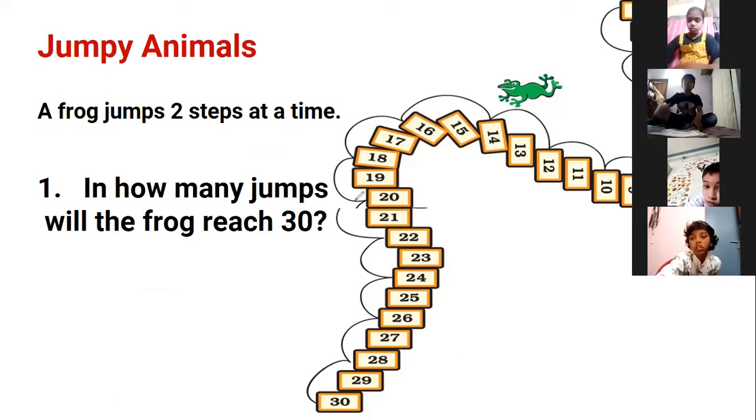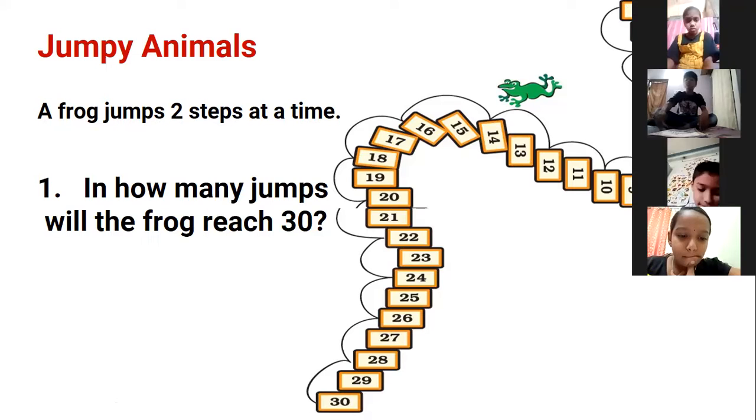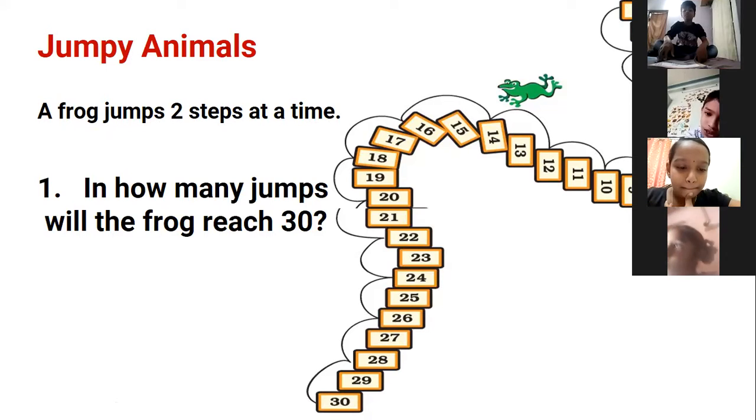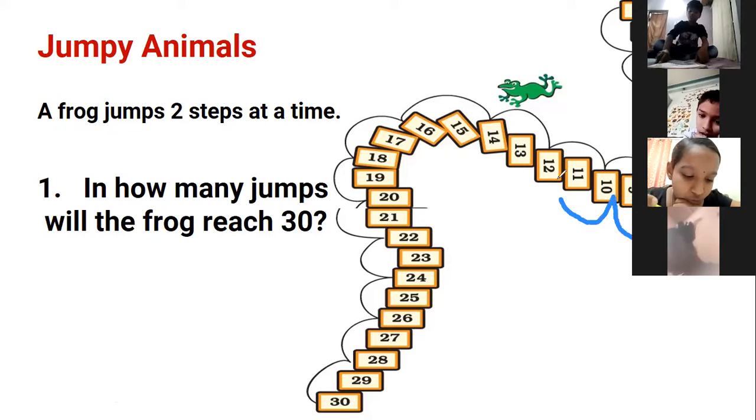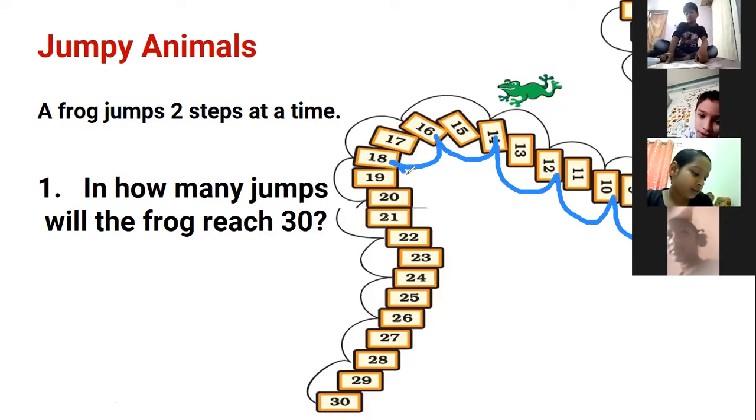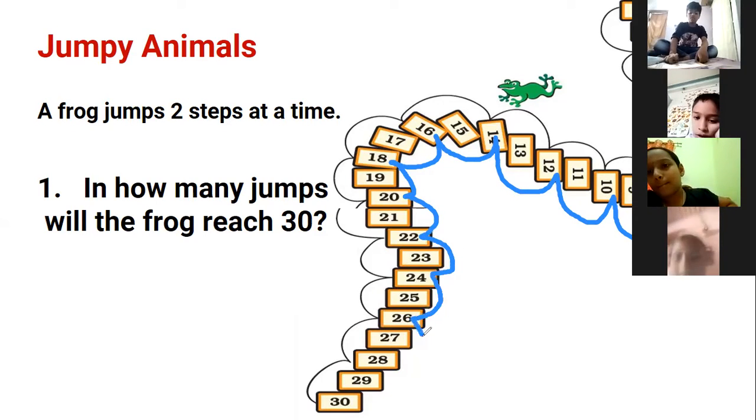Jumping animals means we will draw lines like this. 0 to 1, next 2, 3, 4, 5, 6, 7, 8, 9, 10, 11, 12, 13, 14, 15.